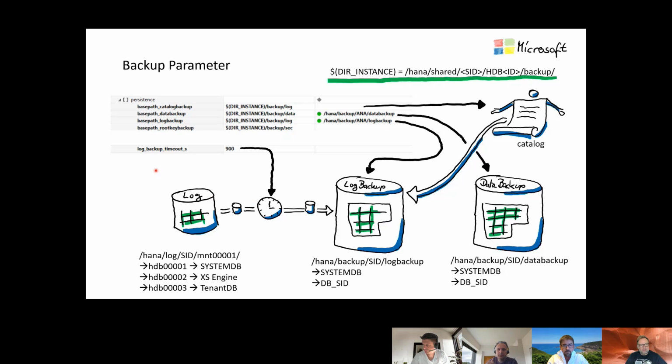Then another very important thing is the log backup timeout, because these 900 seconds are 15 minutes. In the end, HANA can keep log files in that log volume, and then after 15 minutes, those log segments are backed up to the log backup volume. My recommendation is to set this to 300. Then at least you have a log backup every 5 minutes.